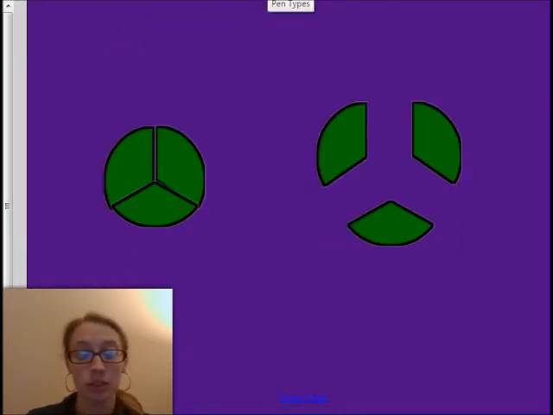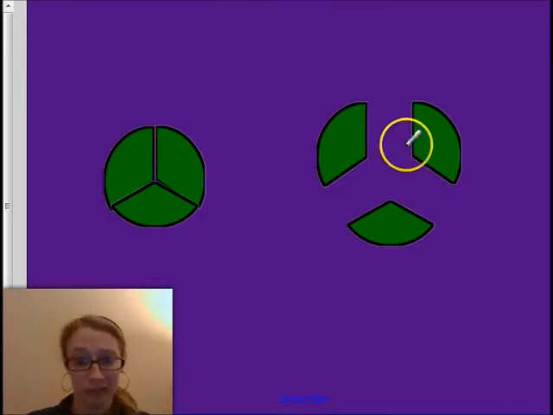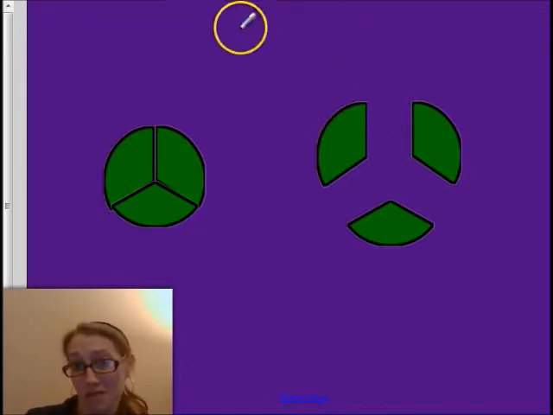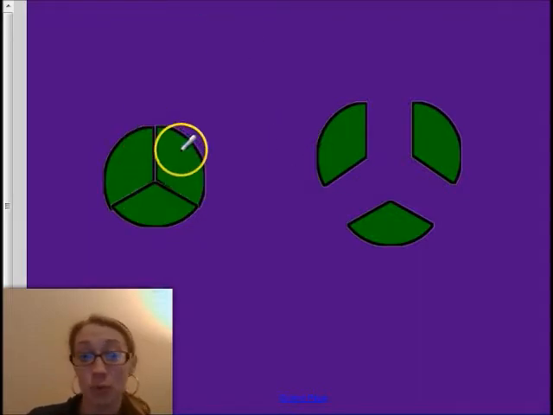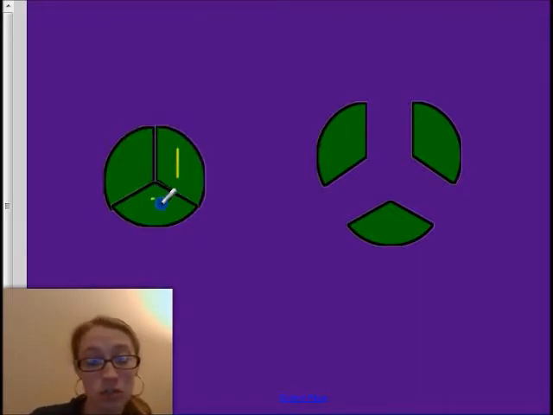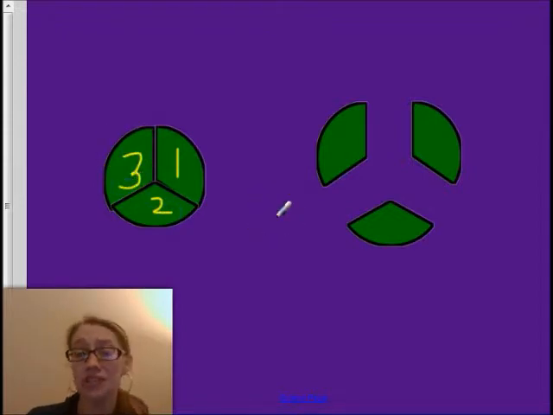Alright, how about this one? Oh, this one's super moldy. Anyway, this moldy cheese over here, we divided it into 3 sections. So 1 section, 2 sections, 3 sections. So what is the fraction of one part?